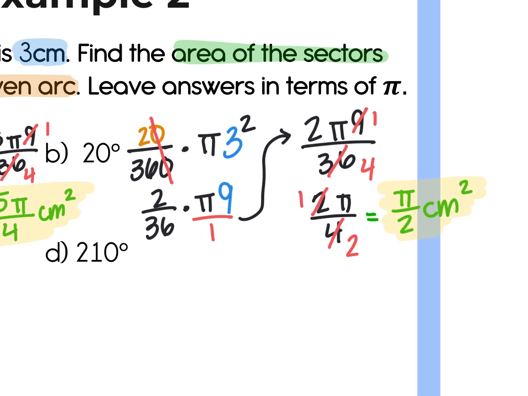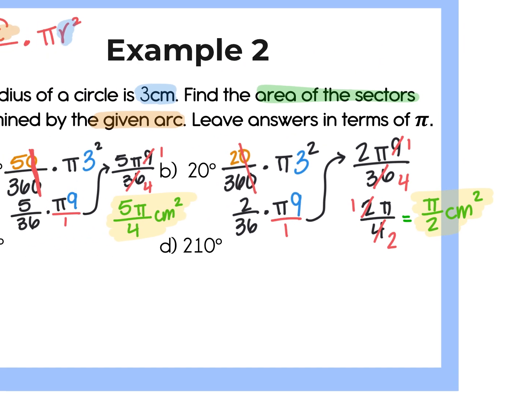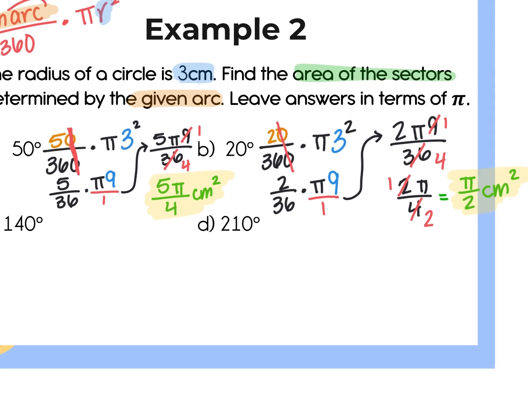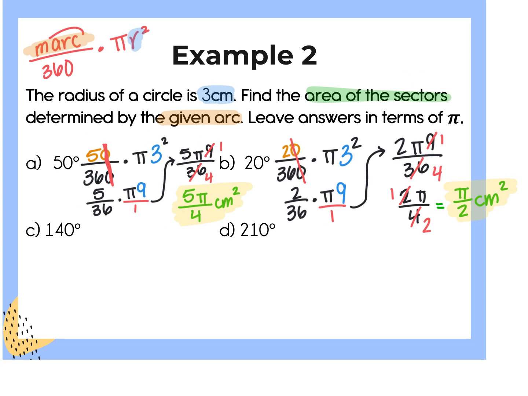Just think about it, look at it. Any questions on these two? Questions, comments, concerns, because you're going to do C and D by yourself. Yes? On B, you lost me on the 1 over 4 when you simplified the 9 and 36. Say it one more time for me. For the 1 and 4 on B. Right here. 9 goes into 36.